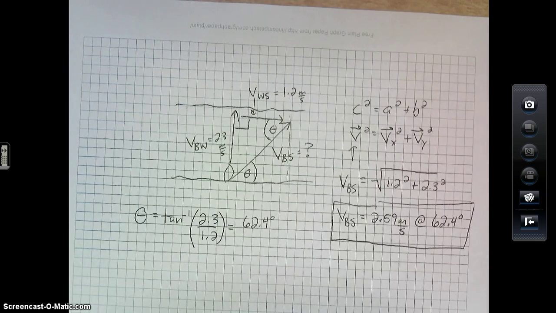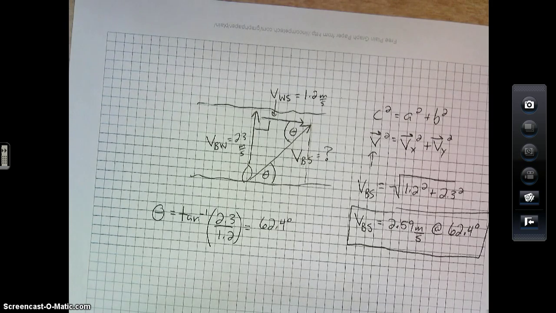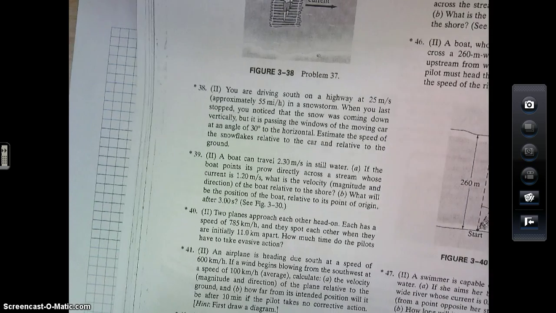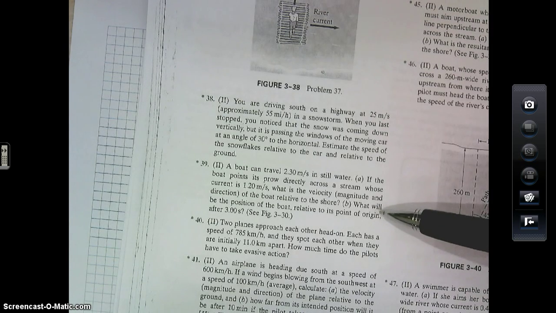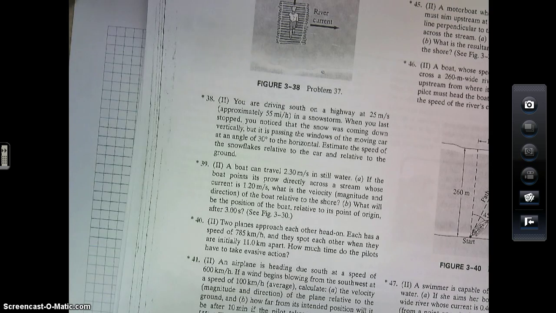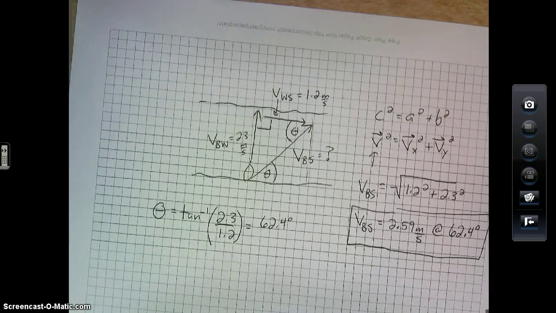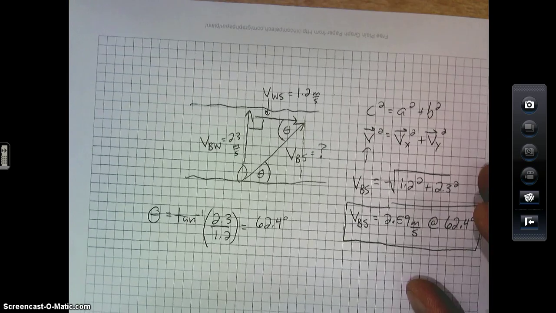Now that was part A of the problem. The second part of the problem says, what will be the position of the boat relative to the origin after 3 seconds? We can think about this logically.